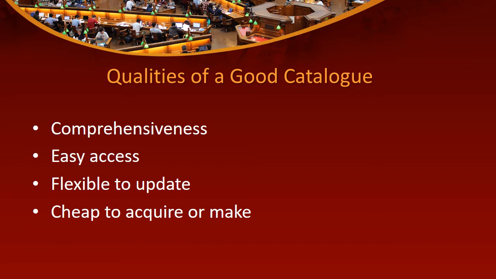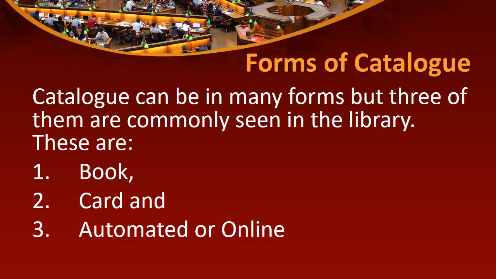This is one of the advantages of the card catalog and the automated catalog or OPAC, unlike the book catalog, which does not have this flexibility in updates. Cheap to acquire or make. Also, a good catalog must be cheaper to acquire or to make, and that is what makes a good catalog.